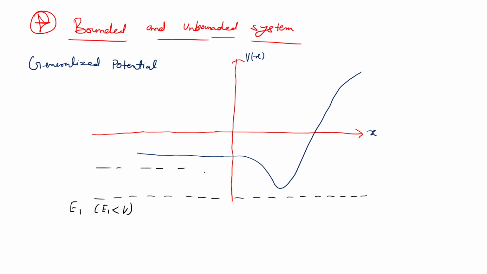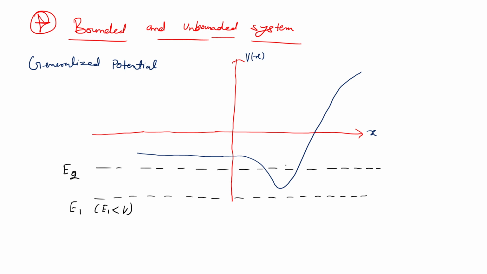So this is another energy level here, E2. See, in this case, here the energy is less than the potential. You see the potential is above the energy level. But here E2 is equal to the potential value V.